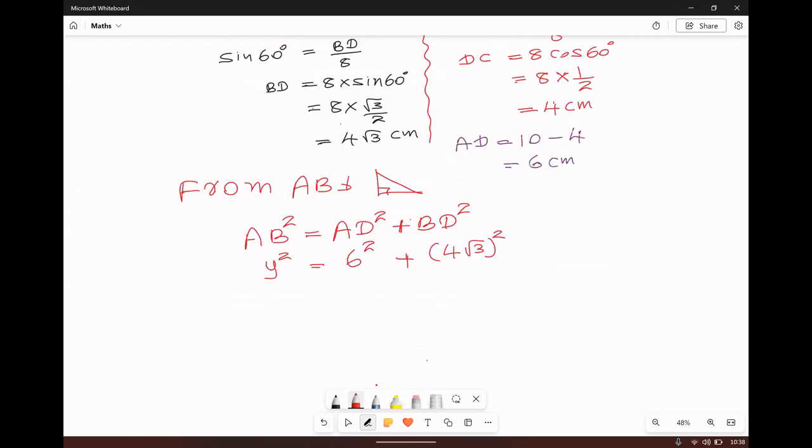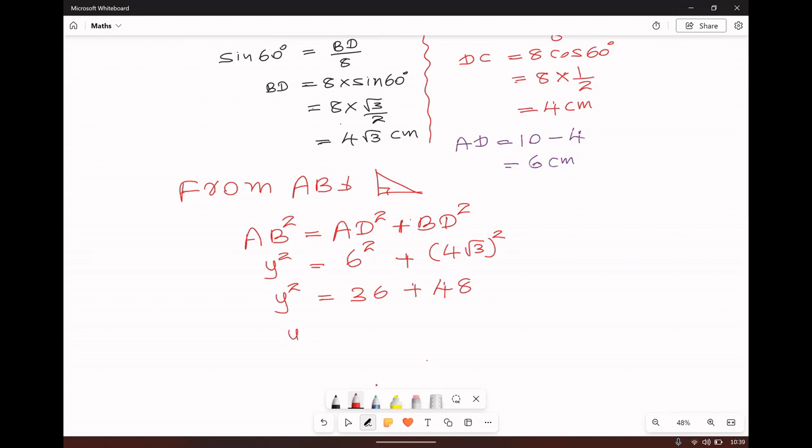We can simplify this. So y squared is equal to 36 plus the square of 4 root 3: the square of 4 is 16, the square of root 3 is 3, so 16 times 3 is 48.